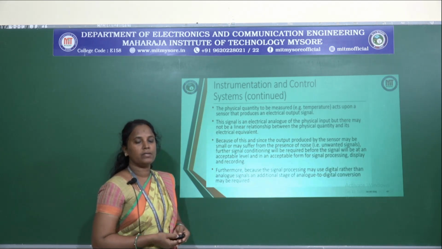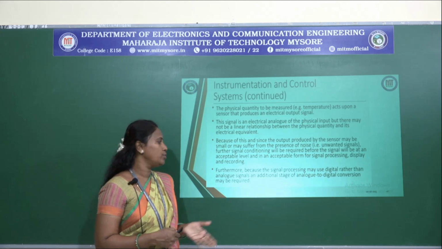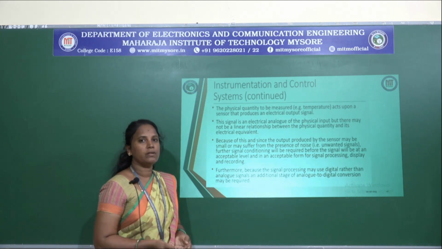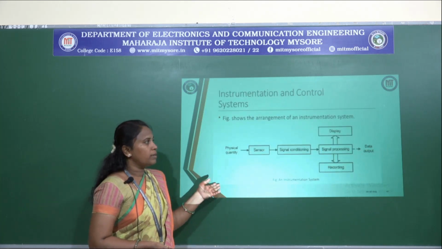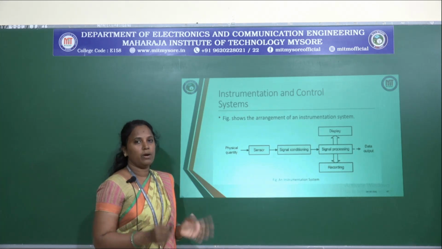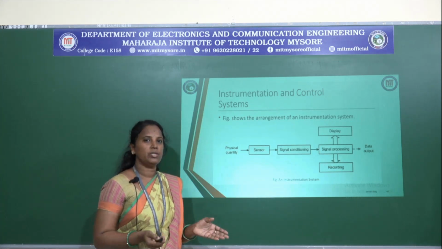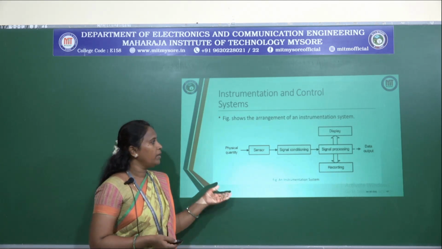If you want to convert data from analog to digital or digital to analog, you might require a converter like an A to D converter or a D to A converter. That is the simple block diagram we use to measure any quantity with any instrument.